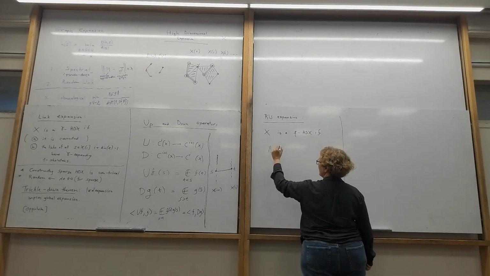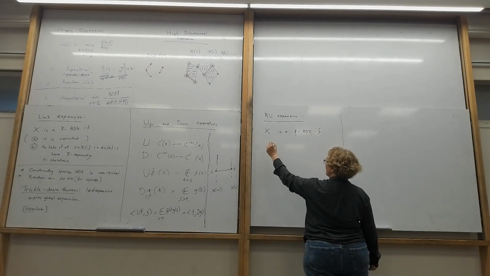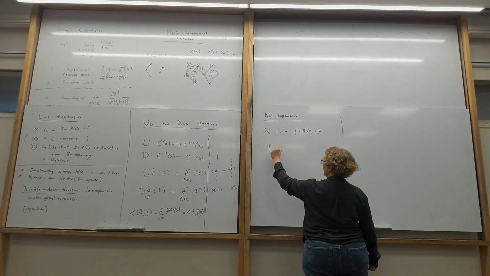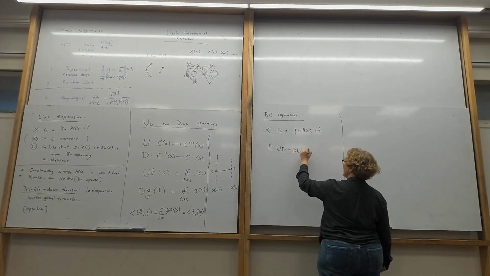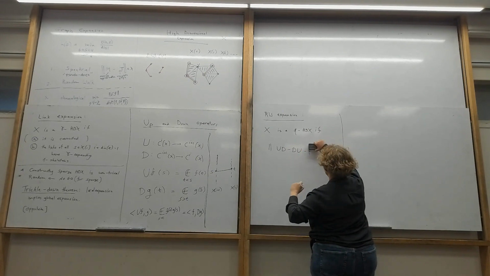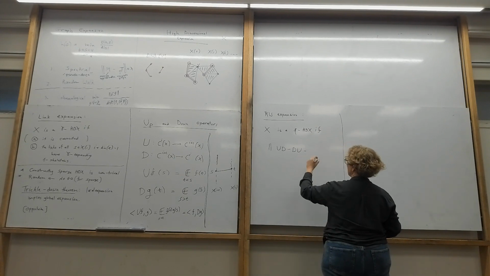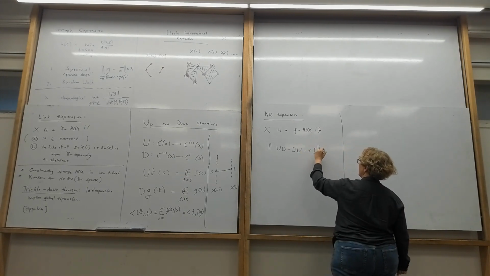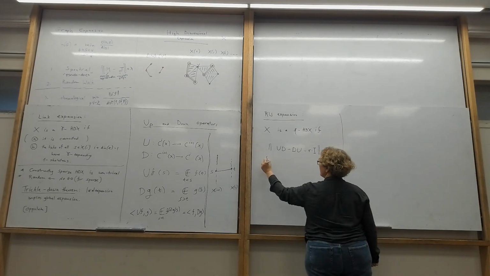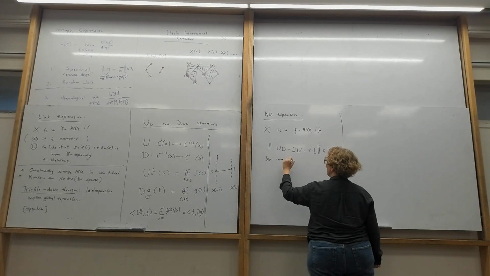If UD minus DU minus, there's going to be some, not beta, some number R times the identity, for some Ri.